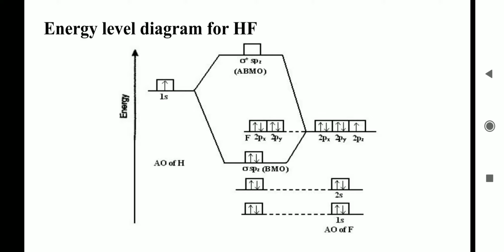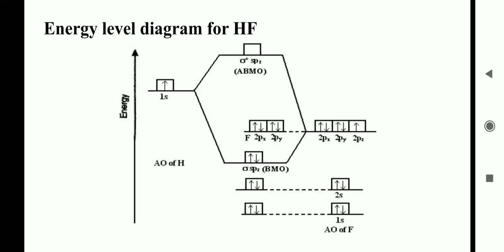Now, as we said earlier, the 1s of hydrogen will overlap with 2pz of fluorine. So the two atomic orbitals 1s and 2pz will combine and lead to the formation of two molecular orbitals, which are sigma s-pz and sigma star s-pz. Sigma s-pz is the bonding molecular orbital and sigma star s-pz is the anti-bonding molecular orbital.